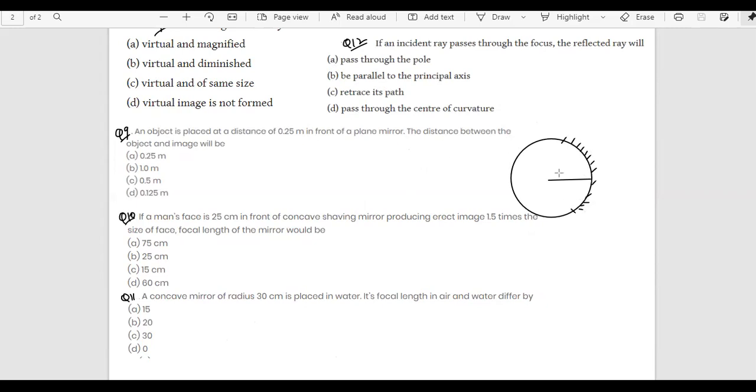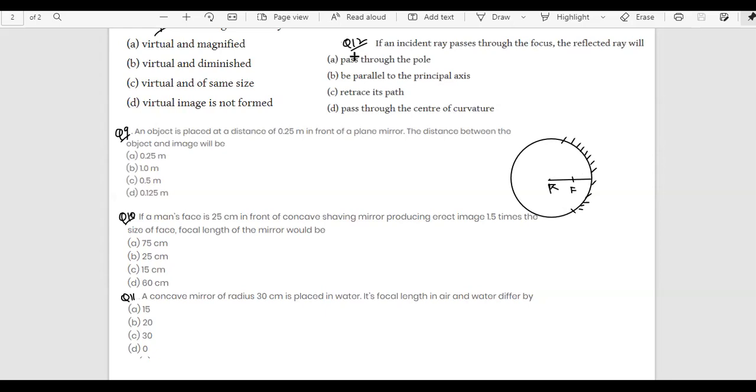We have assumed it to be a mirror. So this distance would be considered the radius, and half of this will be considered the focus.